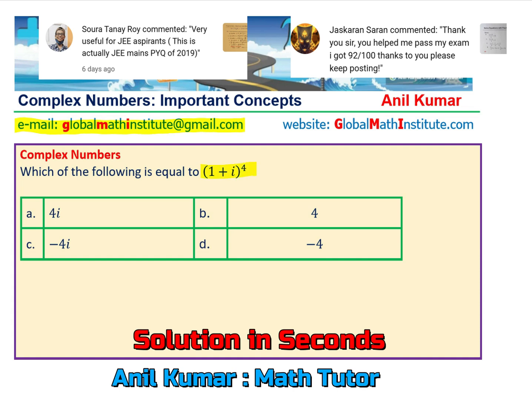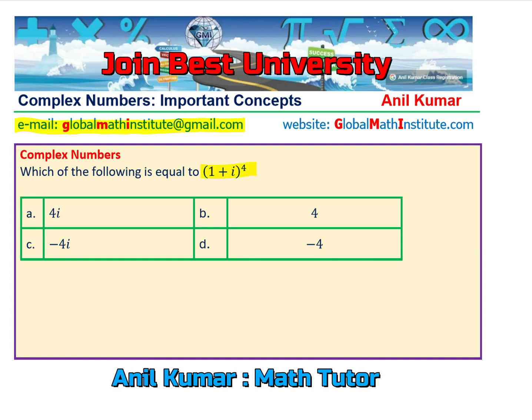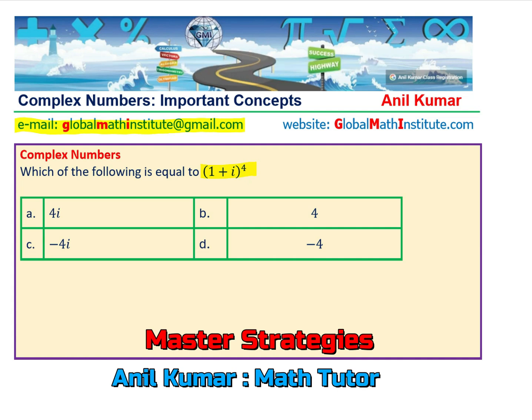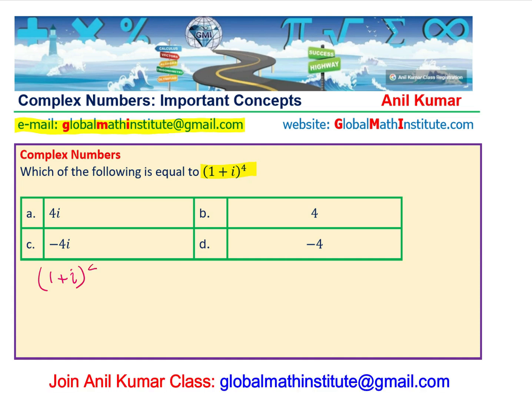Let's move on to question number 2. Now, let's figure out what is the value of (1 + i) to the power of 4. I've seen many times students expanding (1 + i) to the power of 4 and then evaluating, right? But see how we can do it faster, that is what we are going to learn. (1 + i) to the power of 4 is basically equal to (1 + i) squared, and then whole squared.